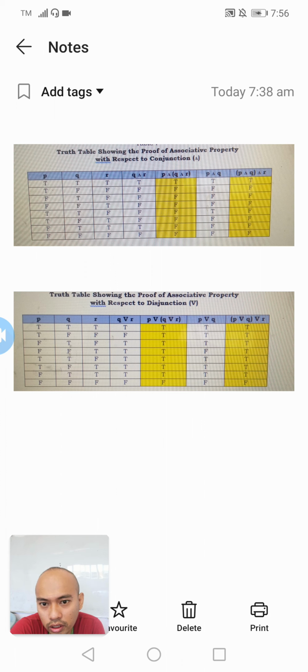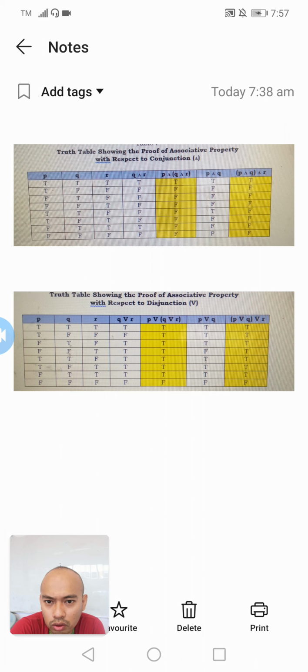Both are true in that case, so the compound statement Q or R is also true. And for the last row under Q and R, we have F for Q and F for R. If we connect them using the disjunction, it will still give you a false statement. So these are now the truth values of your Q or R statement, which can be located on the left side of the first case of the associative property with respect to the disjunction operation.